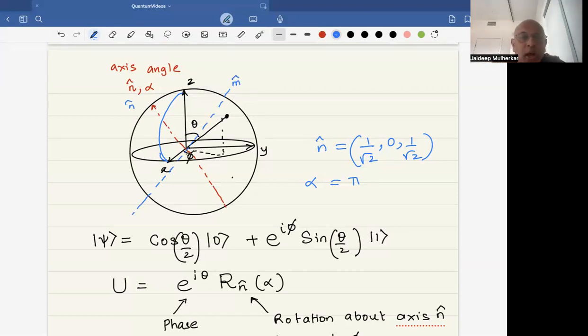So suppose I'm able to have these two rotations with me, and I'm able to do that using this discrete set, then I should be able to construct a rotation about any other axis. So for instance, if I have Z rotations and X rotations available to me, then I can construct a Y rotation or any other rotation. So that's the idea of universal quantum computation. So we need to find a discrete set that can create these rotations about two non-parallel axes.